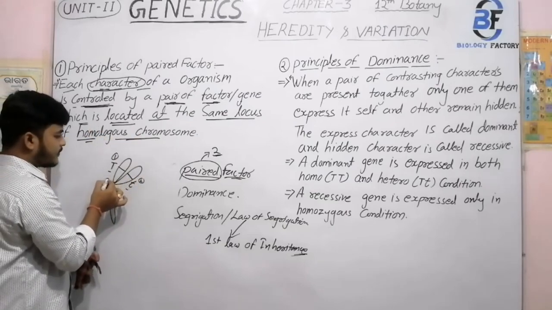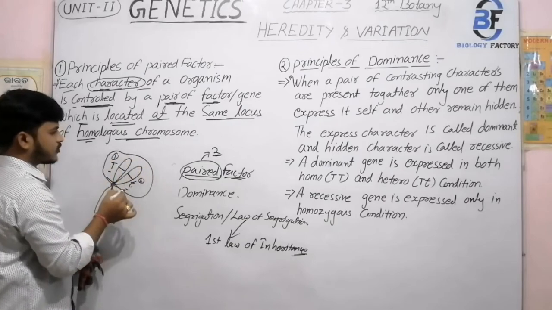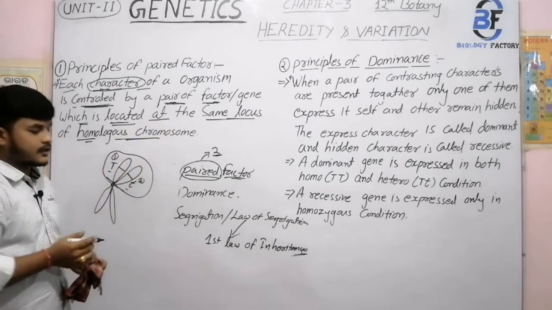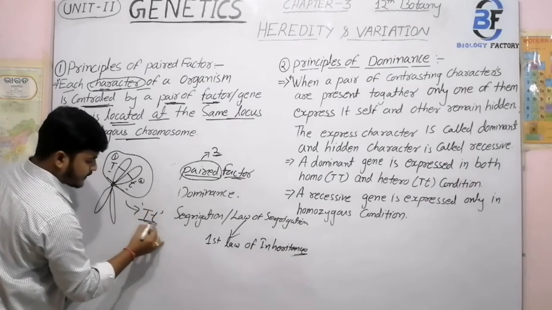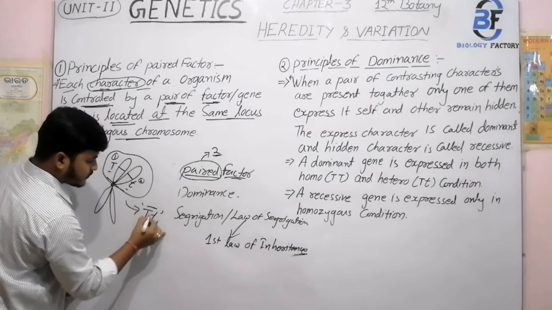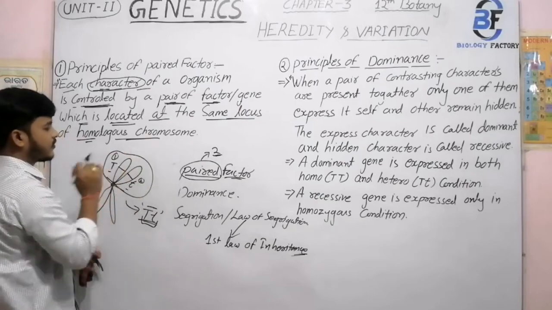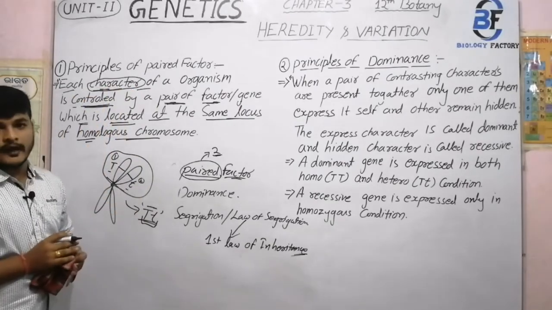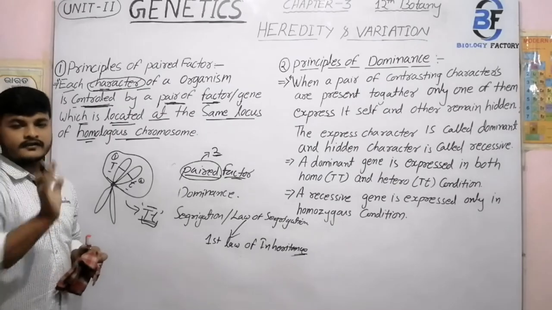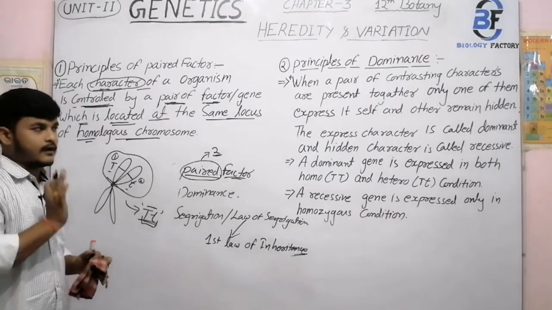It is the same locus, and there is capital T and small t present. That means it is a pair of characters present at the same locus of homologous chromosome. So it is the first point, the principle of paired factor. Paired means two factors are present over here.